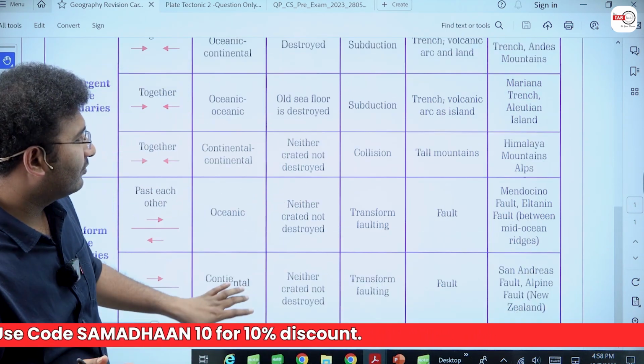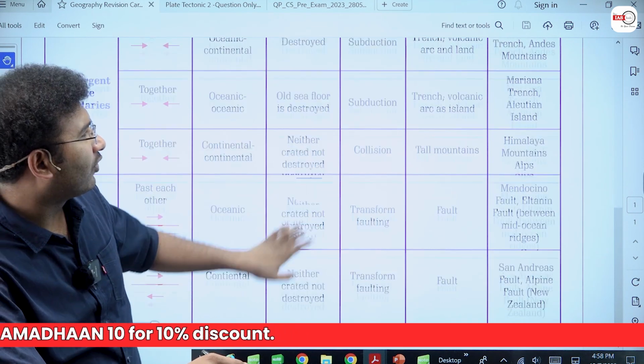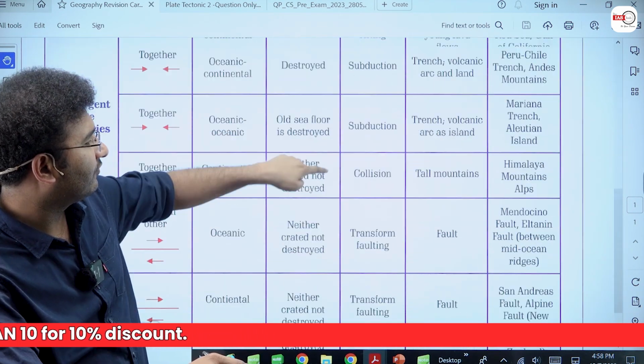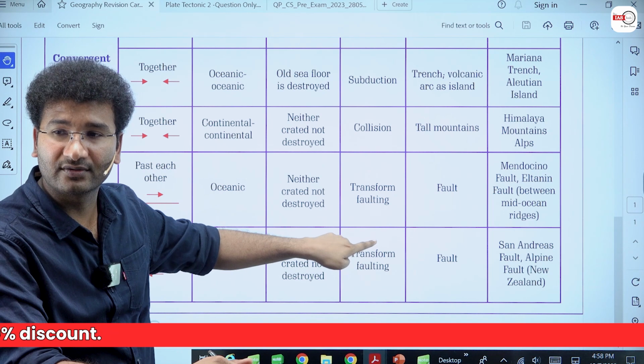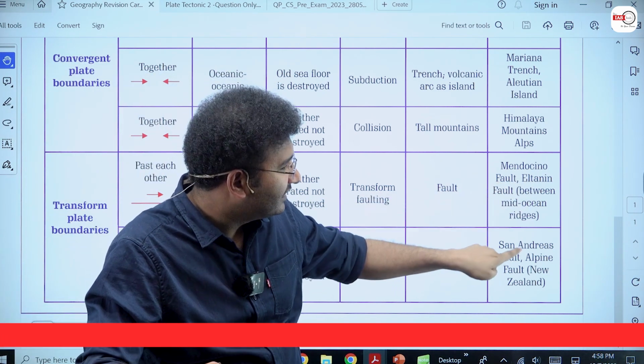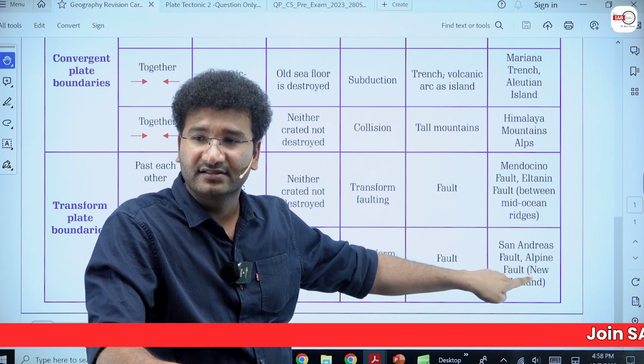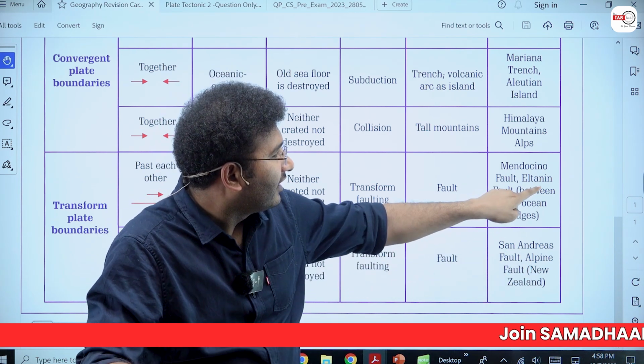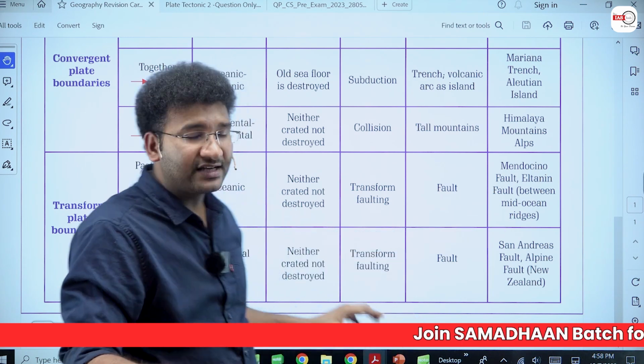So here, broadly speaking, what is the faulting that you get to see? The fault that you get to see is the transform fault. Likewise, where do you get them? You get to see them in the San Andreas. You also get to see them in the Aleutian fault. So these are the examples.